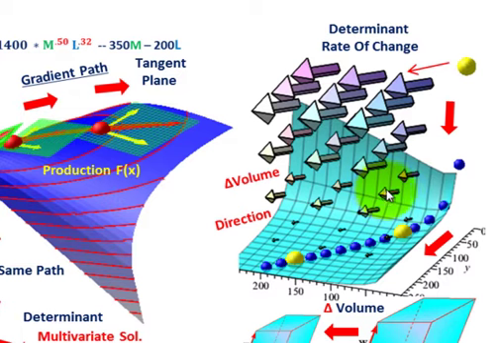That's saying our change is less and less, and that really represents the volume. So our change becomes less and less as we increase our inputs of material and labor. The vector field tells us the direction, and it also gives us the change in volume, and we're going to look at that change in volume.